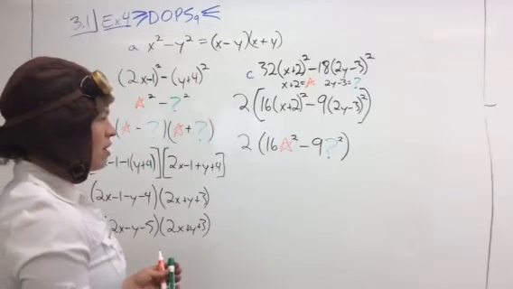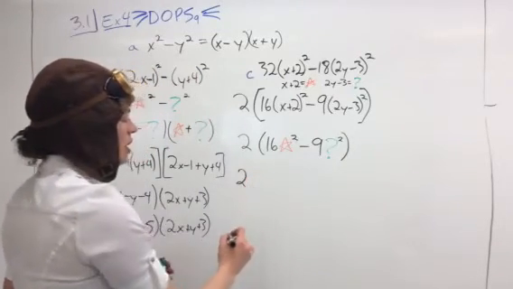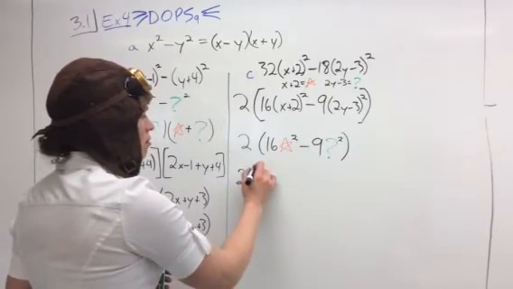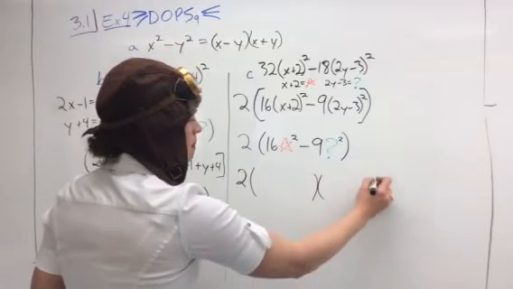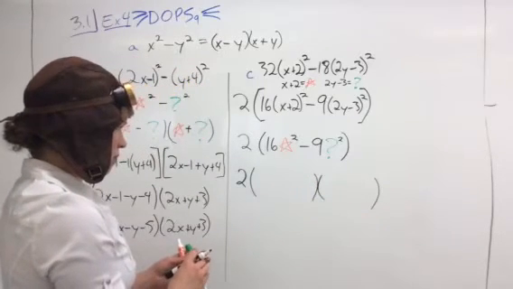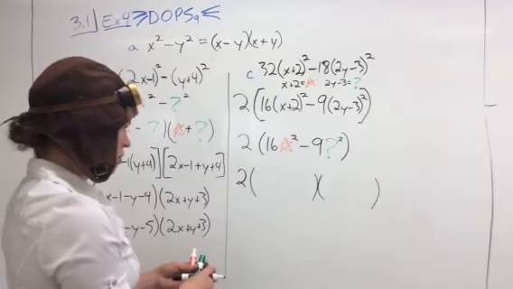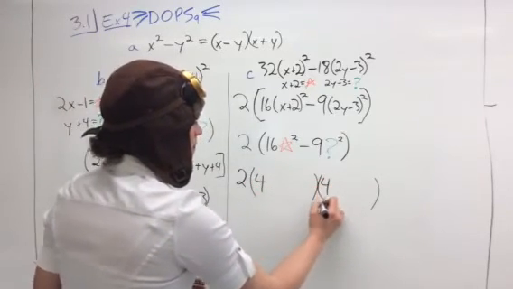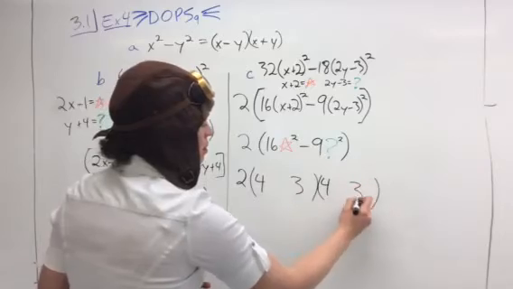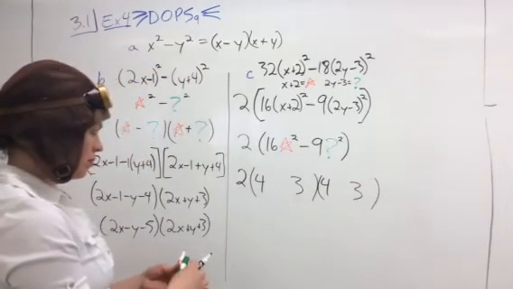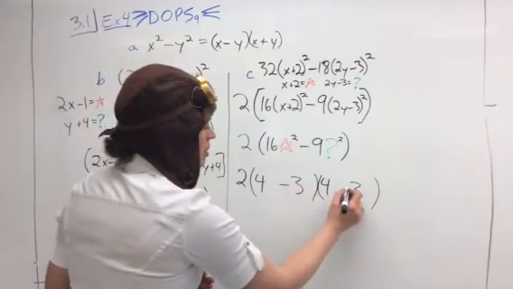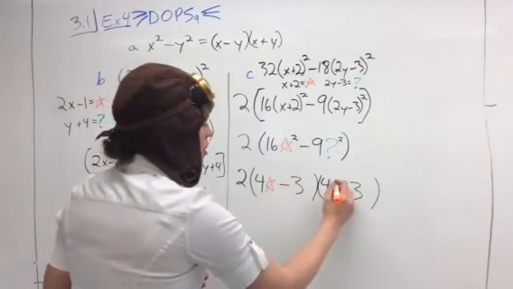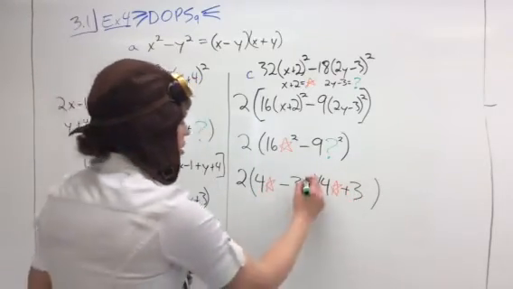So I can factor that by leaving the 2 on the outside and using my pattern. I've got the 4 and the 3 from the 16 and the 9. I've got a minus and a plus, and then I've just got my star and my question mark.